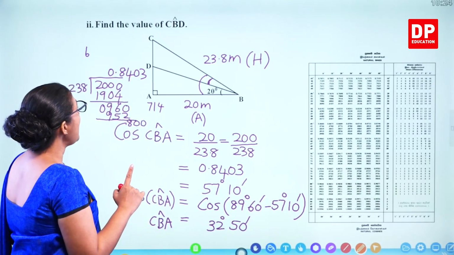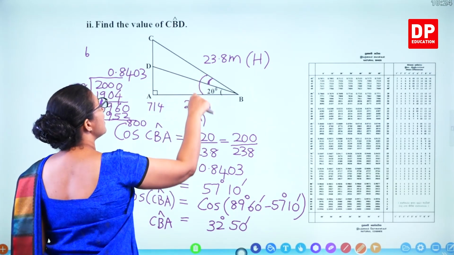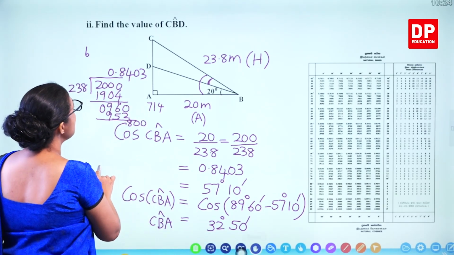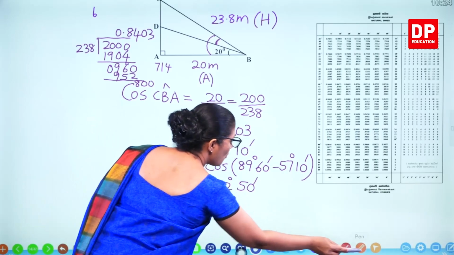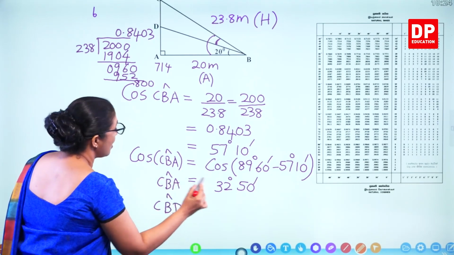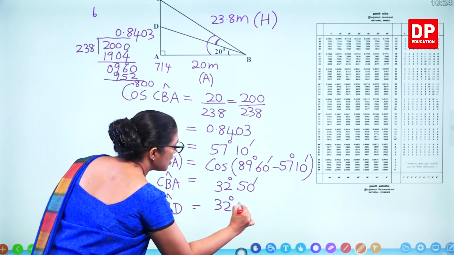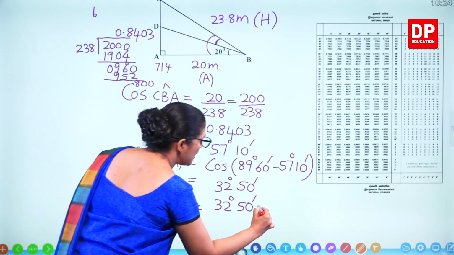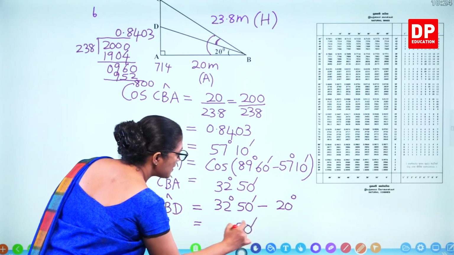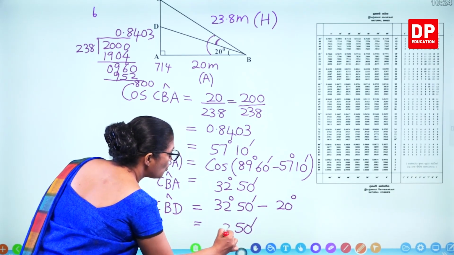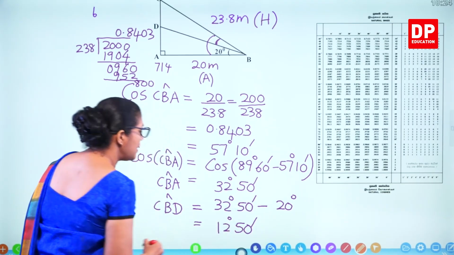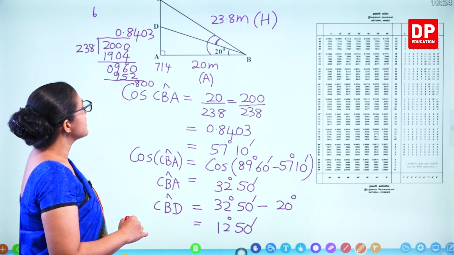So that's CBA. Now you have to subtract 20 to get the other angle. So they want CBD. So what's CBD? 32 degrees and 50 minutes minus 20 degrees. So 50 minutes there. So 12 degrees and 50 minutes. So that's the angle they want.